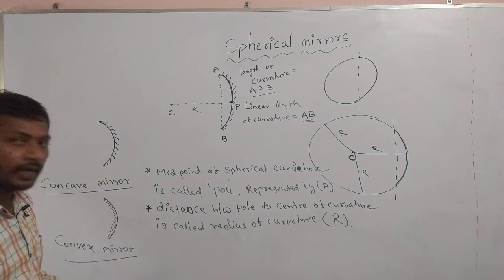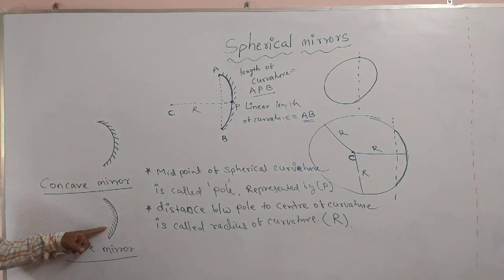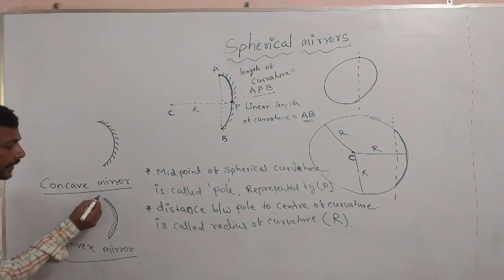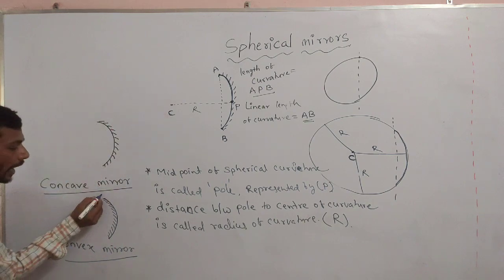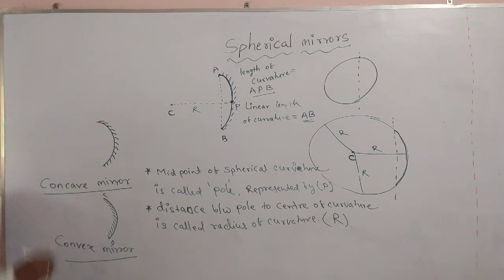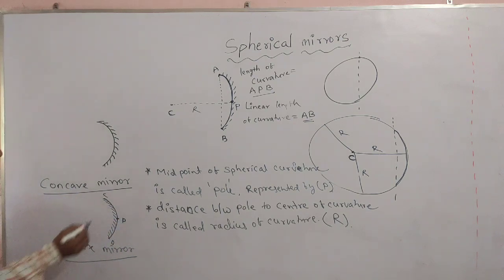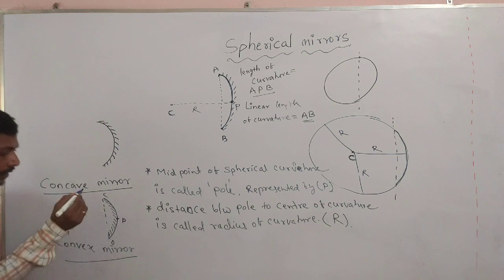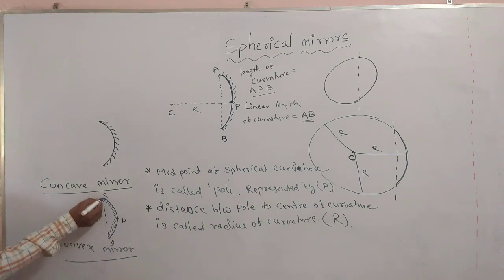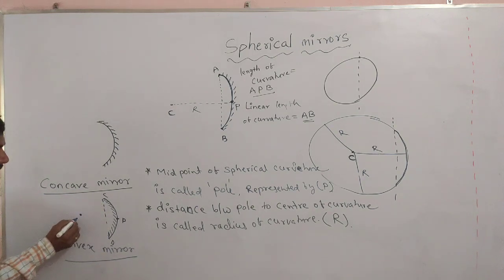Same thing I hope you can apply here also. I am giving the name, AB is given, na, I am giving the name CD. Then, sir, CD midpoint is given what, na? P. Then CPD is called length of the curvature and CD is called linear length. And if you imagine, you are going to get one center, capital C I am keeping here.